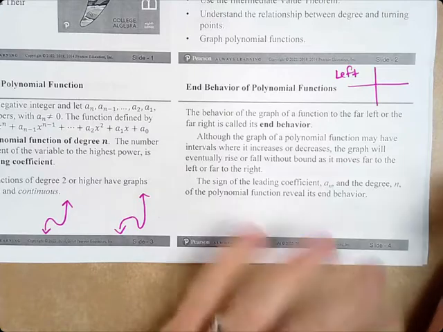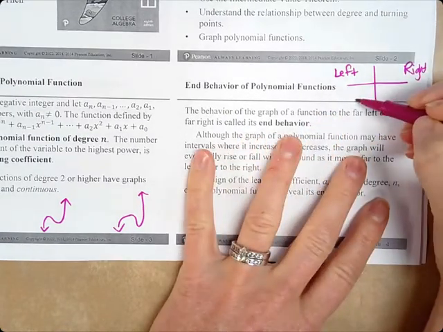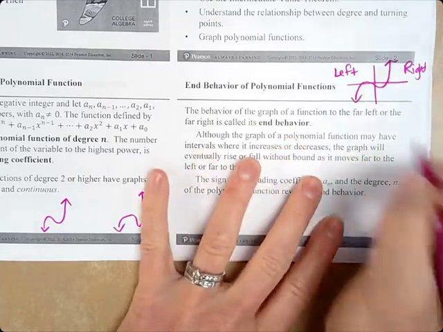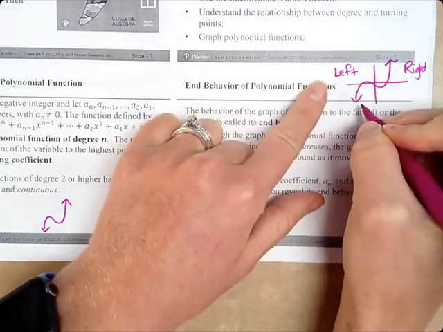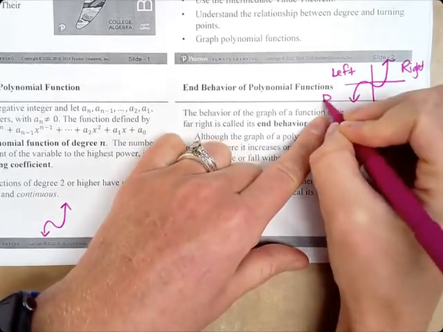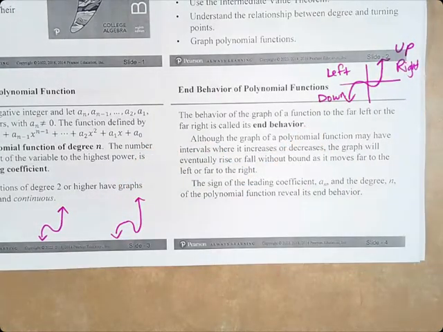If it falls, it goes down. And then how it goes to the right. So one like this would be falls to the left, rises to the right. So the way that I say it is this is a down, up end behavior. So to the left, it's falling. To the right, it's going up. It's rising.